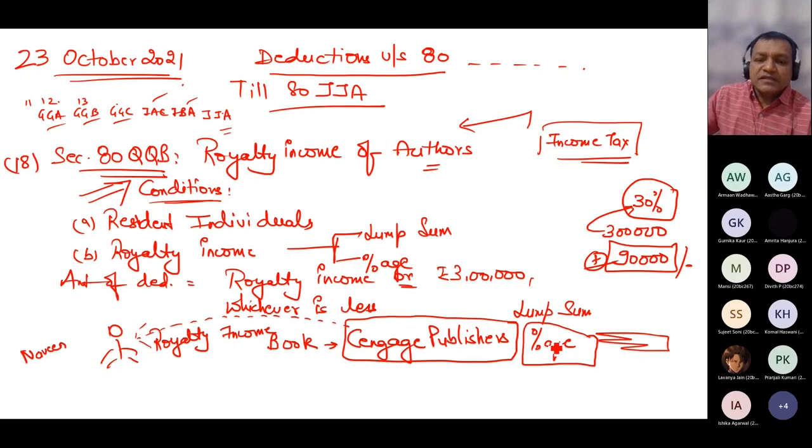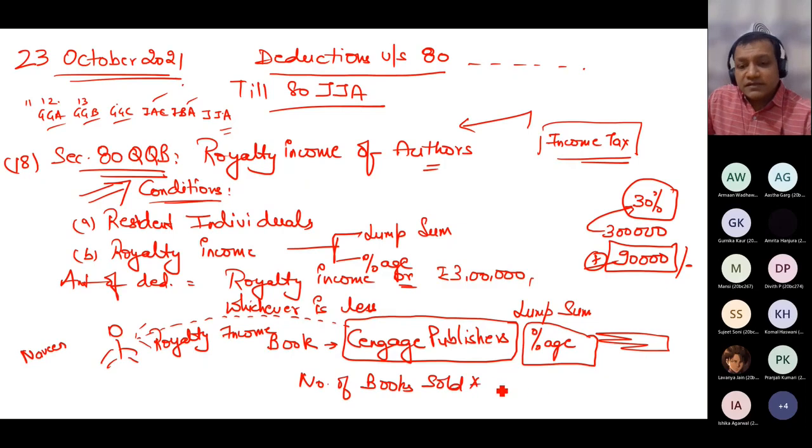In percentage basis, how the royalty is given normally: number of books sold multiplied by not the market price but the price at which the publisher sells the book to distributors and bookshop owners.